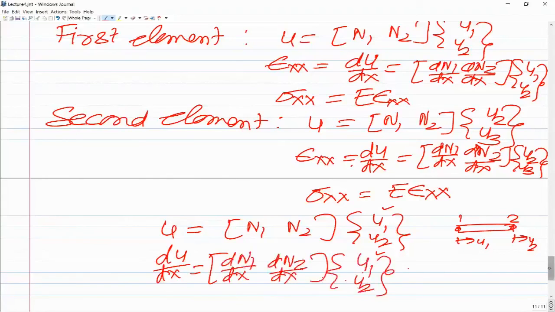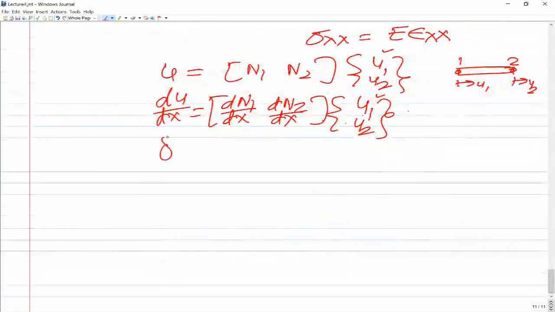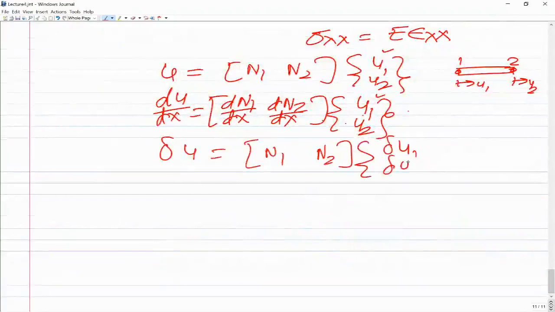But when I write the variation, delta of u, the variation is taken with respect to unknown quantities. So the unknowns are u1 and u2. So that would be n1, n2 into delta u1, delta u2. That is delta d e basically. So this is H into delta d e.